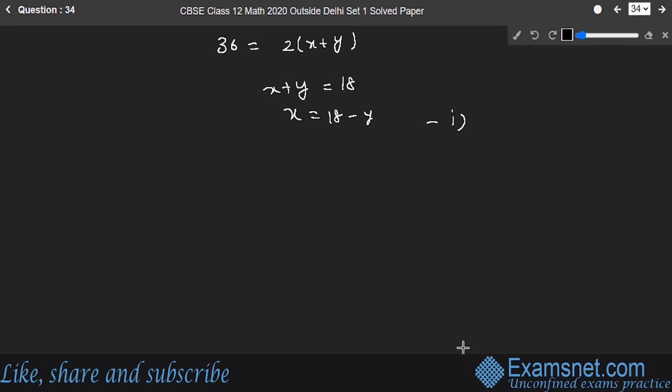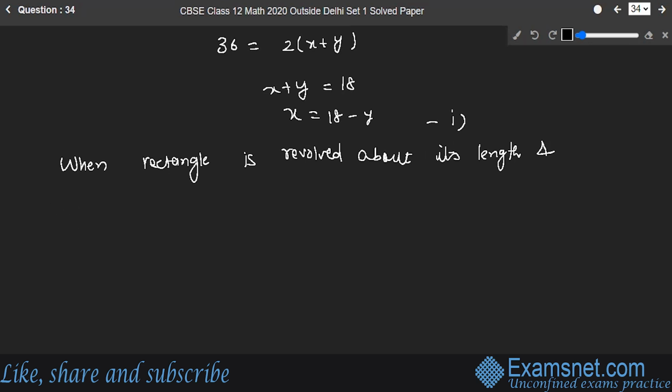When the rectangle is revolved about its length, the dimensions of a cylinder are formed.